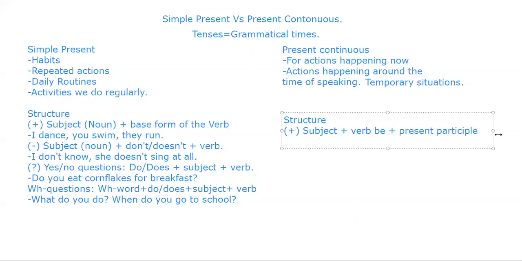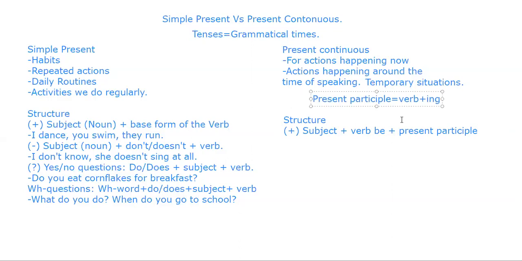Teacher, what is that? What is present participle? The present participle is the verb plus ing. That's what we call verb plus ing. That is the name, the real name is present participle. Okay, that is the real name of it.